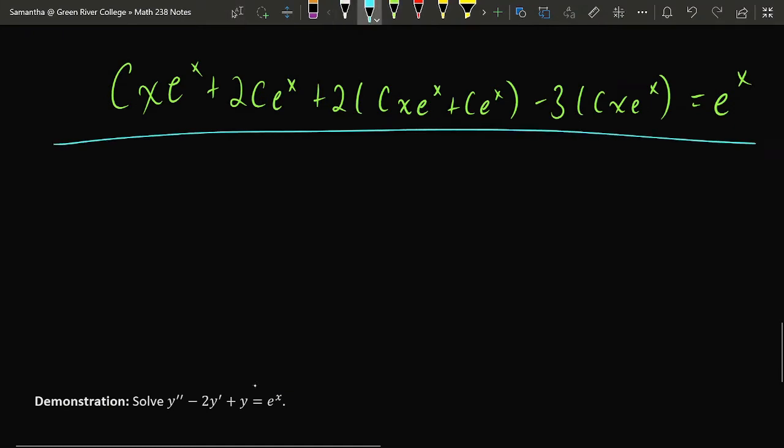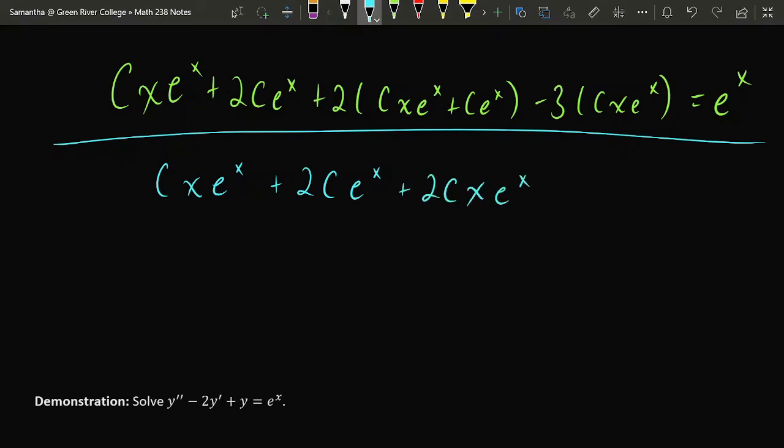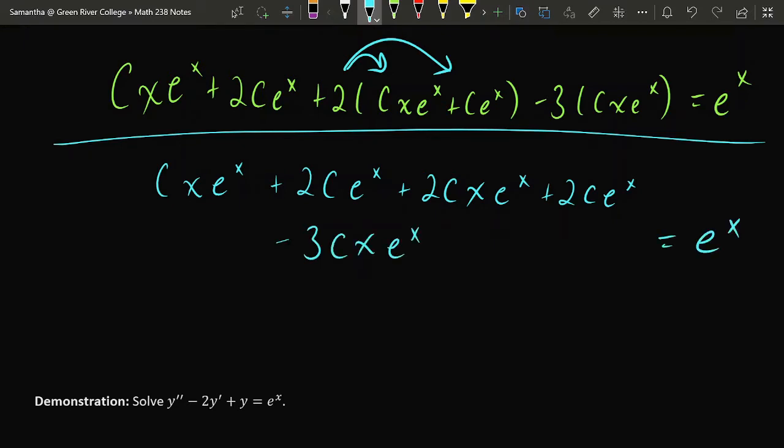So let's do some cleaning. We have c x e^x + 2c e^x + 2c x e^x + 2c e^x after distributing, minus 3c x e^x, and we need that to be equal to the e^x on the right side.